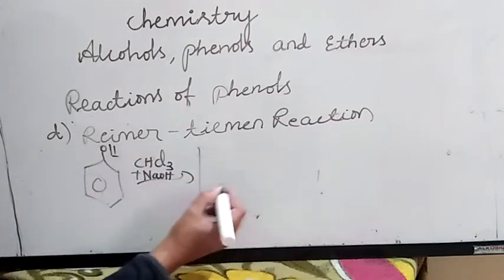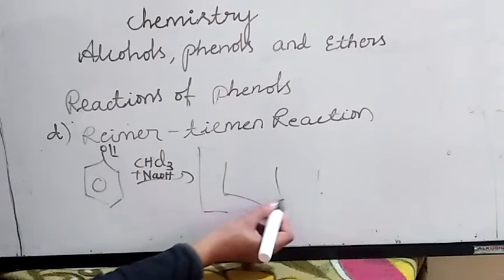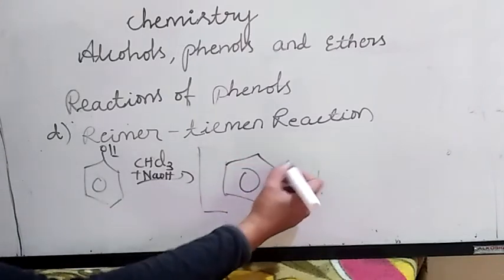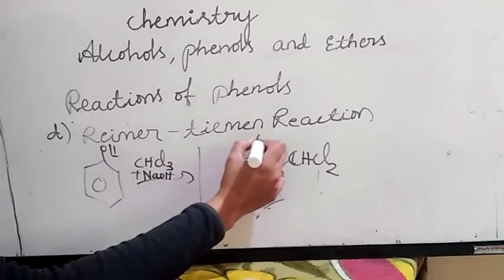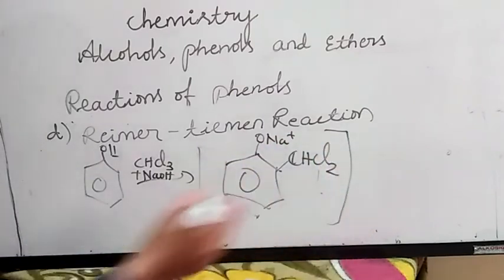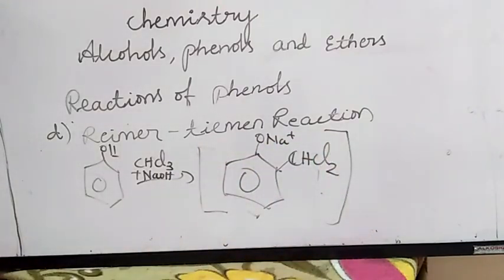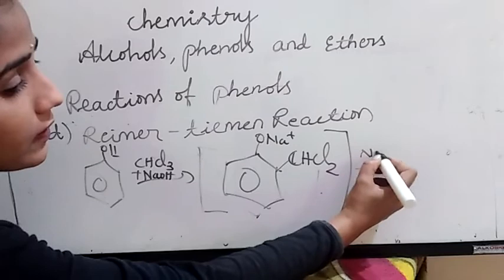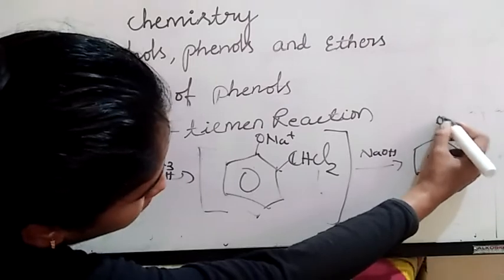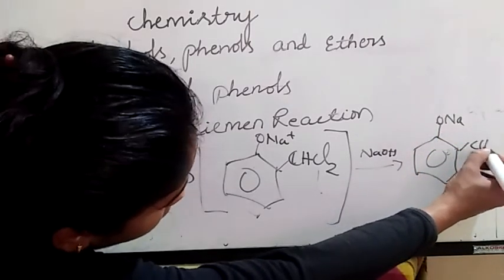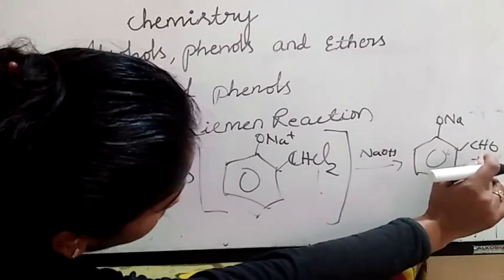One intermediate will form here. We can't name this intermediate, so you have to write it in a square bracket, CHCl2, ONa plus. This is an intermediate. When this intermediate is again treated with NaOH, sodium hydroxide, we are going to get sodium phenoxide plus CHO group, and the CHO group is introduced at the ortho position.